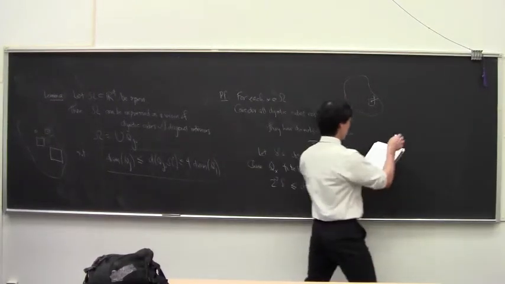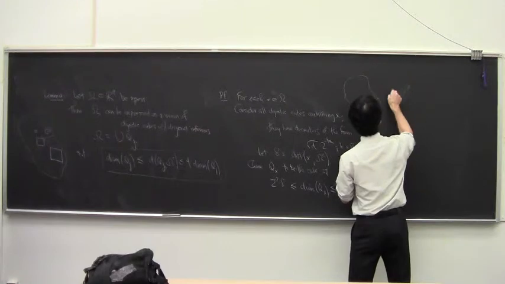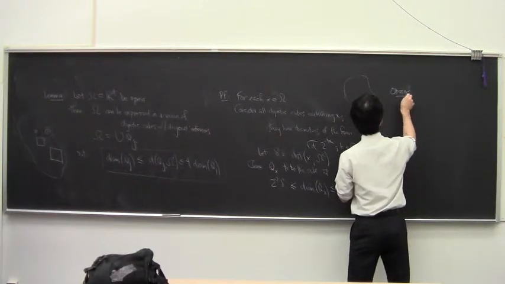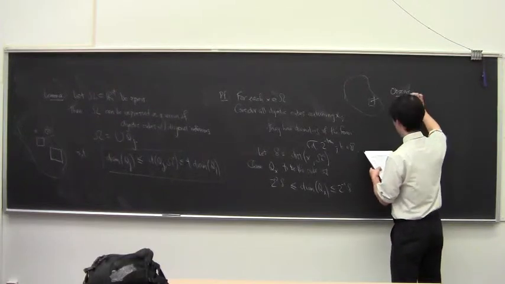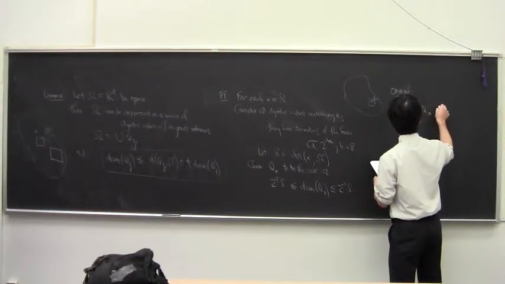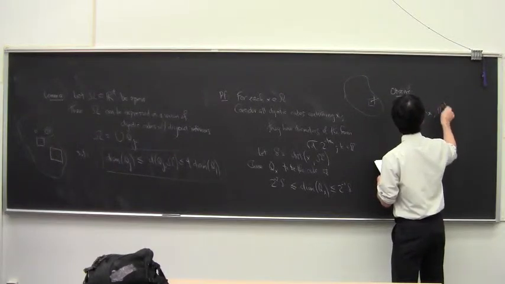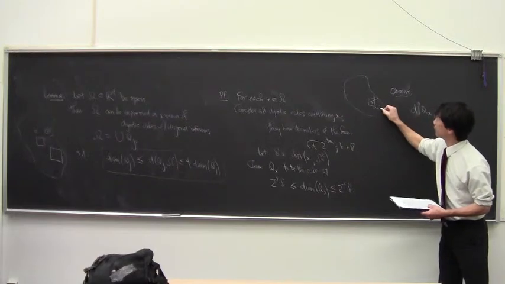Okay, so you notice that, observe, the distance of the cube that we've chosen, so this is x, this is q sub x.